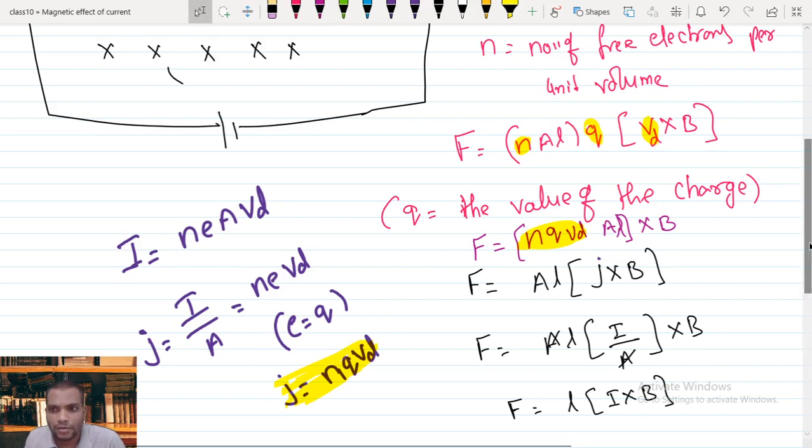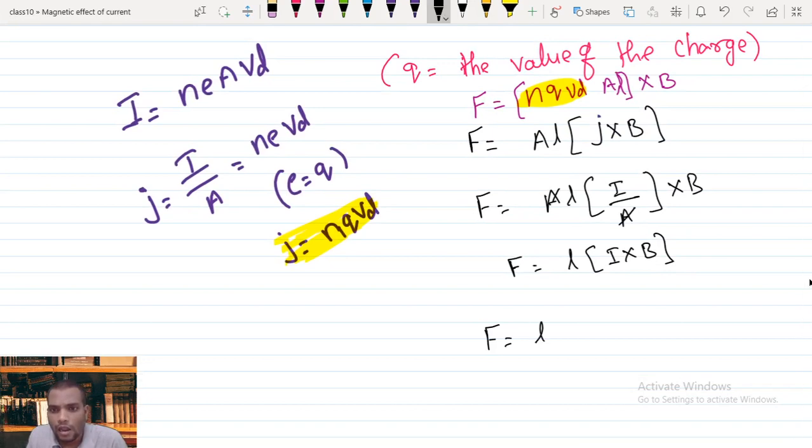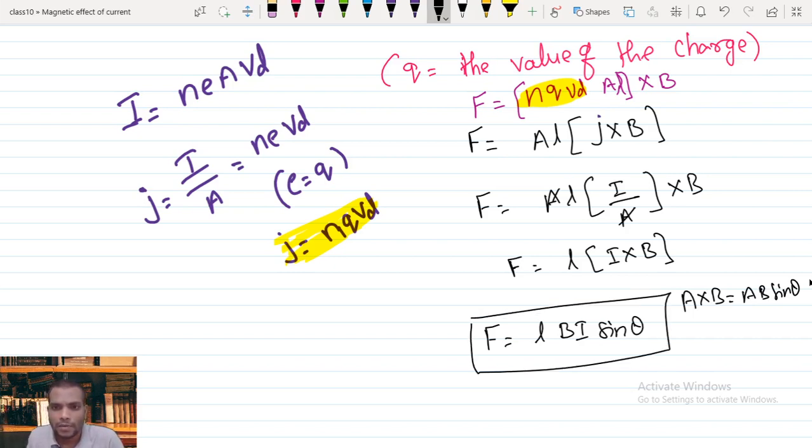Now the magnitude of the force expression, F equal to L I cross B, you can write that as BIL sin theta, the cross product of two vectors. Here the formula is A cross B equal to AB sin theta. So we get the magnitude of force F equal to IBL sin theta.